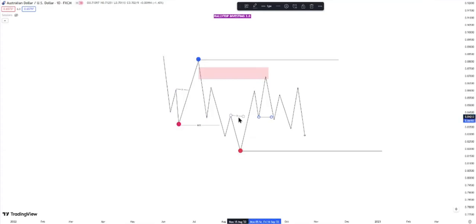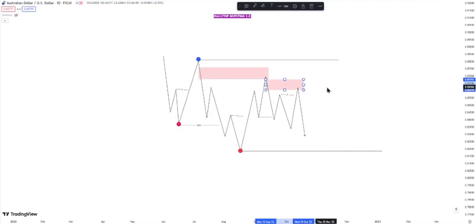I'm making an example for you to understand what we're talking about. So after that inducement, you can decide to take your trade. Perhaps you could find a point of interest somewhere here, and then you can take your trade from there.